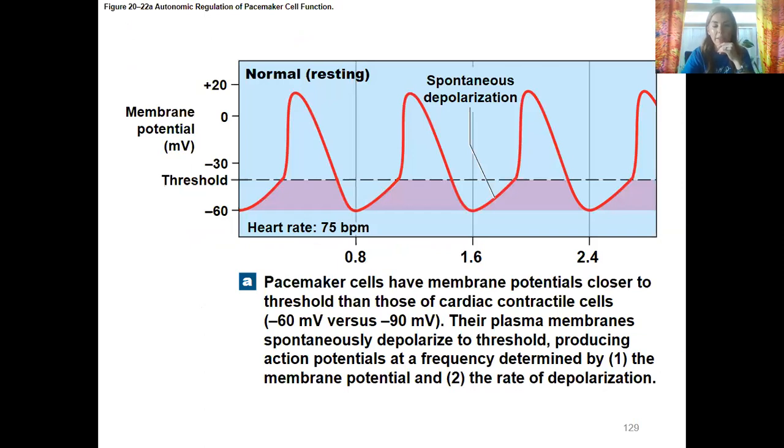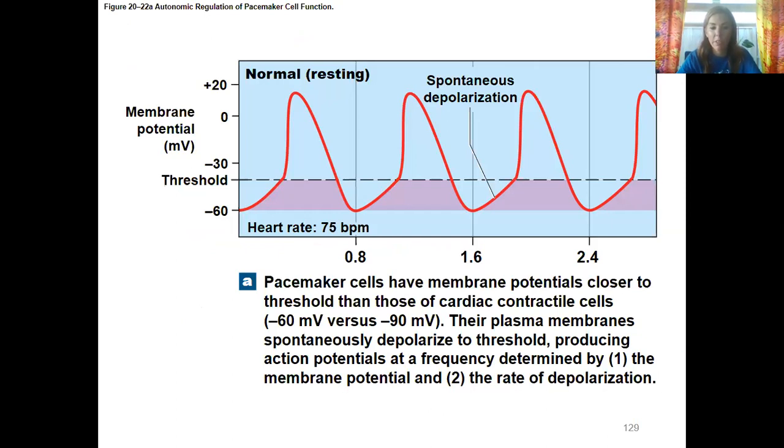If you look at this slide right here, what I want you to pay attention to before you try to figure anything else out is the purple shading underneath the threshold line. Look at the purple shading underneath the threshold line and see about how big it is. This is a normal resting heart.